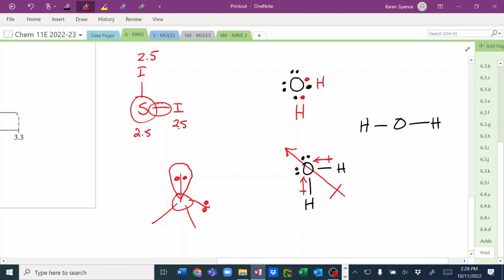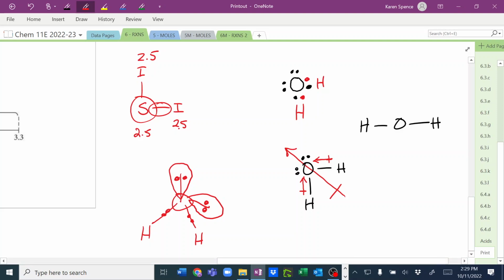That's a lone pair, and that's a lone pair. And then we would have our 2 hydrogens here and here. These would be the bonding electrons in here. All of those electrons are repelling each other and trying to get as far from one another as possible. So we would have that tetrahedron, but it still results in that thing being bent.